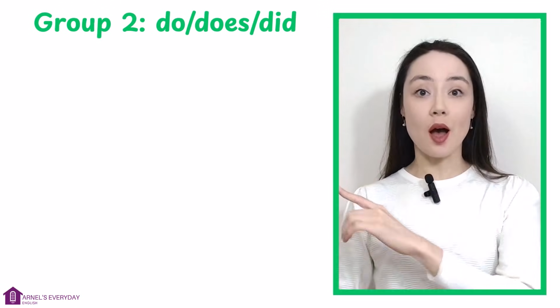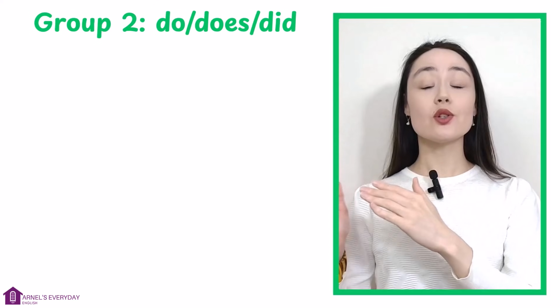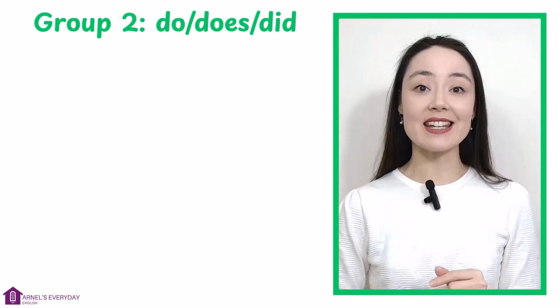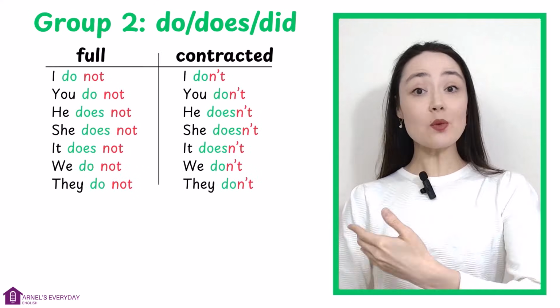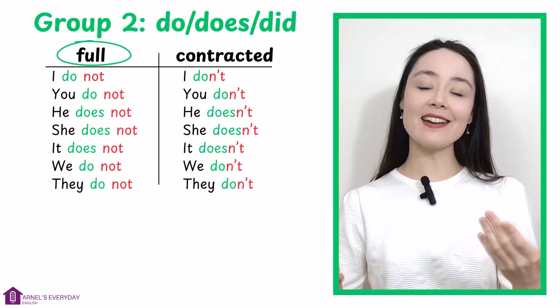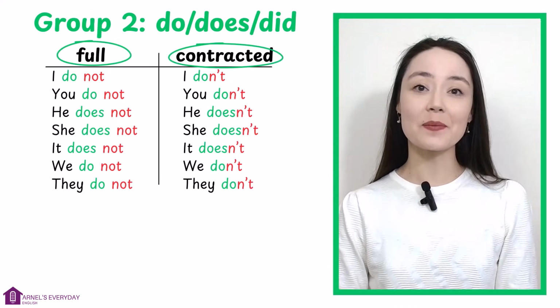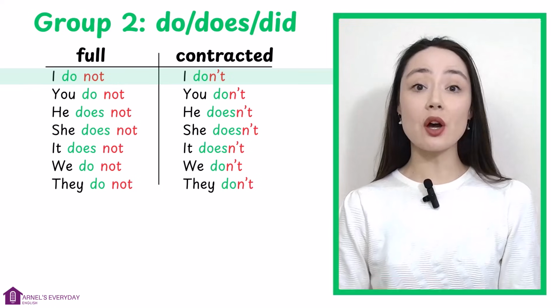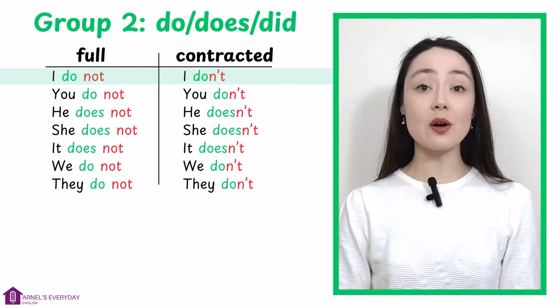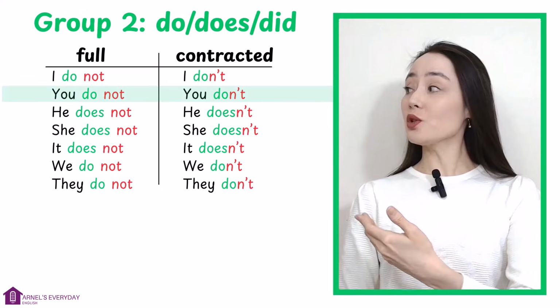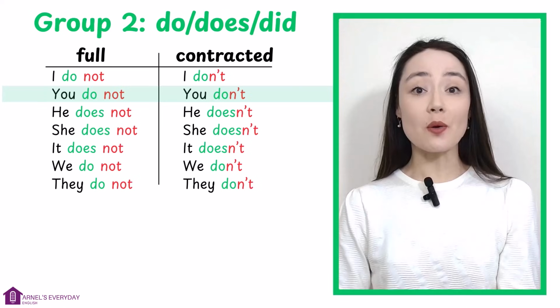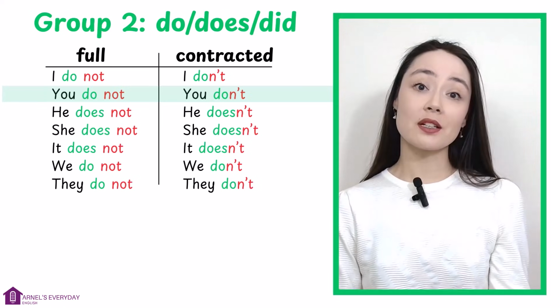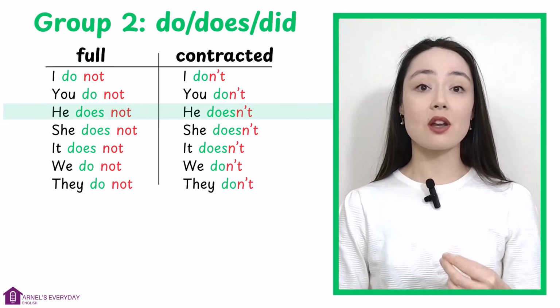Group 2 contractions. Do, does, and did. Again, we have the full form and then the contracted form. I do not. I don't. You do not. You don't. He does not.